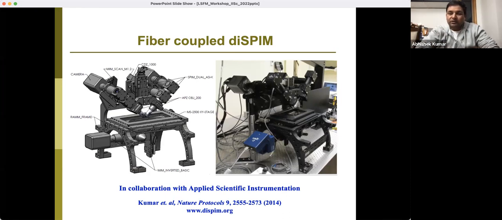But we wanted the system to be easily accessible to biologists. So we miniaturized it and made it compact. I mean, still it's not very user friendly, I will accept that fact, but it allowed a lot of biological labs to get these parts and build this system so that they can do light sheet imaging.